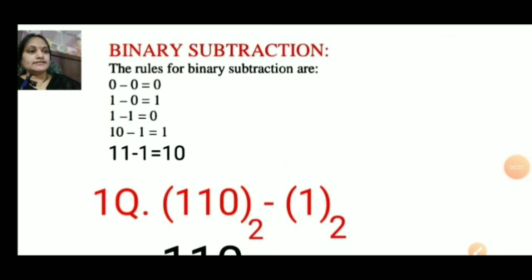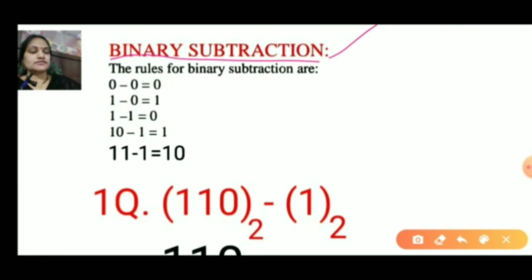Now let us go through the binary subtraction. What is it? Binary subtraction. So what are the rules in the binary subtraction? These are 0 minus 0 is equals to 0, 1 minus 0 is equals to 1, and 1 minus 1 is equals to 0.